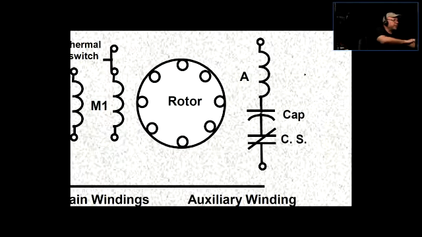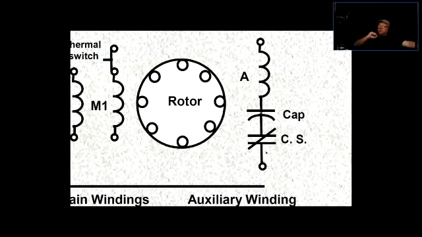Then we have the auxiliary winding. Look at what's happening. The auxiliary winding has a capacitor in series with it. And that CS thing, that's the centrifugal switch. What does that tell us? This automatically tells us that if the motor is at the starting point, this centrifugal switch is normally closed, so this coil is going to be working.